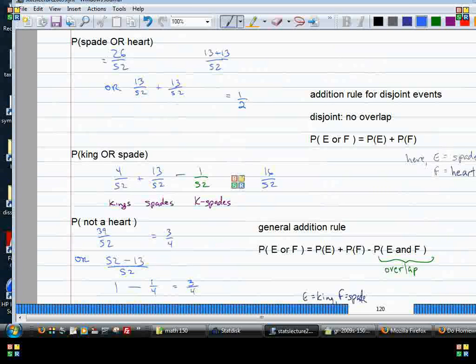So doing it this way should look familiar. What does this remind you of? If the probability of having a heart is 1/4, the probability of not having a heart is 1 minus 1/4. When have we done something like this before?